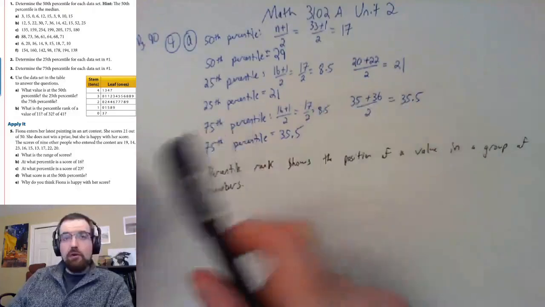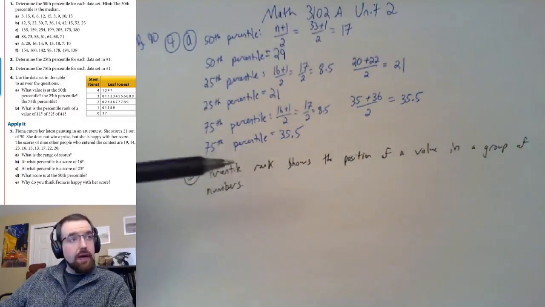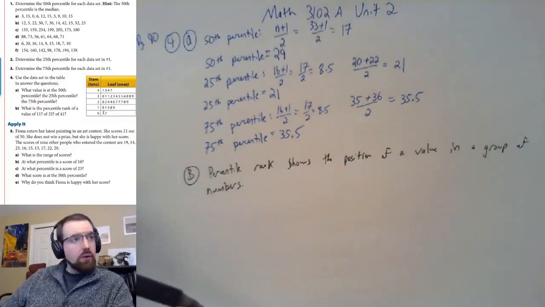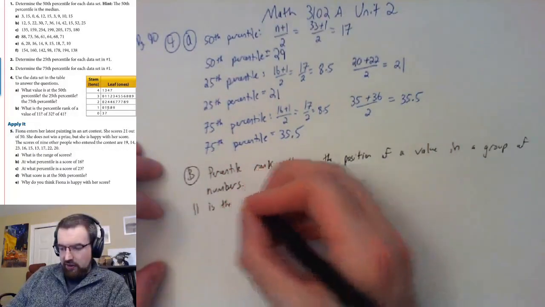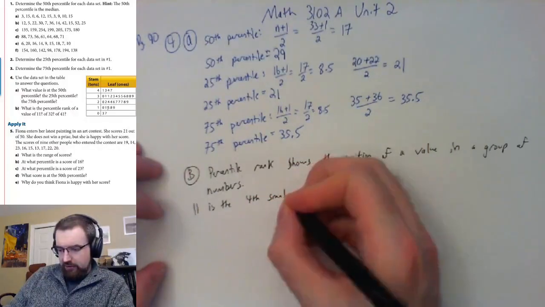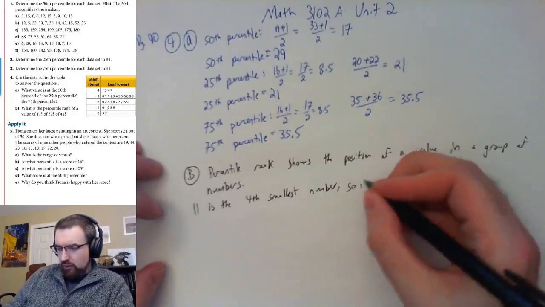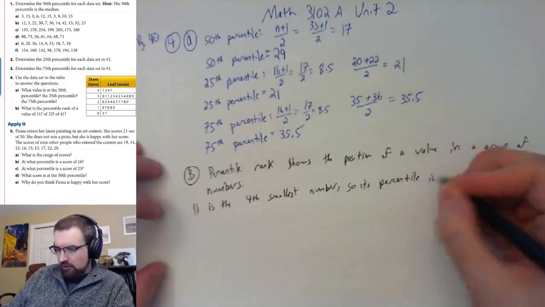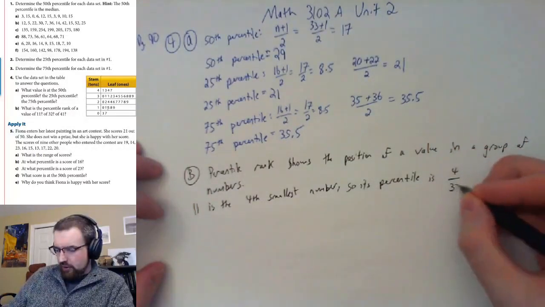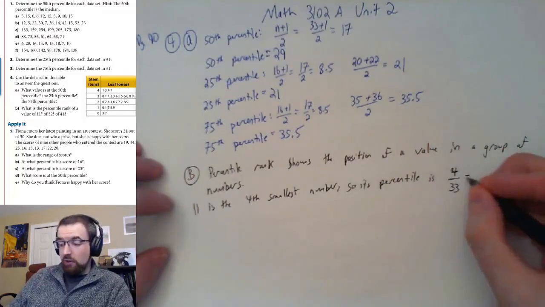So for number 11, if we count from the bottom up, as we're doing over here, it's 1, 2, 3, 4. So that's the 4th number. So 11 is the 4th smallest number, so its percentile is 4 out of 33 because it's the 4th smallest out of 33 total numbers.